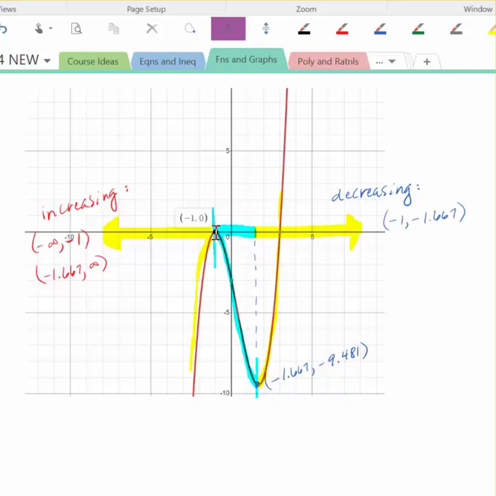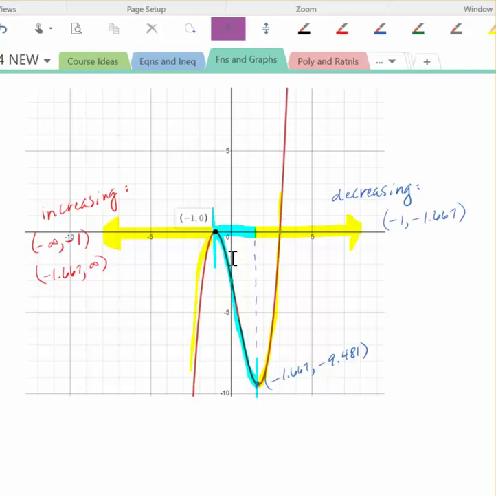In other words, any value I put in for x from negative infinity to negative 1 causes the output values to also be increasing. Any input value I put in for x from negative 1.67 all the way to positive infinity causes the output values to be increasing, I should say.